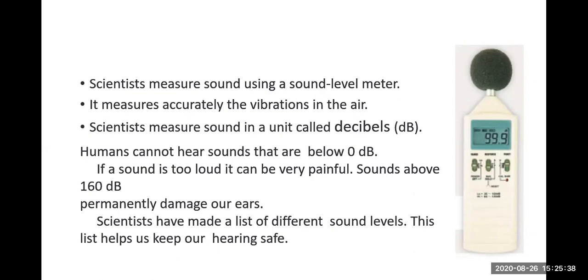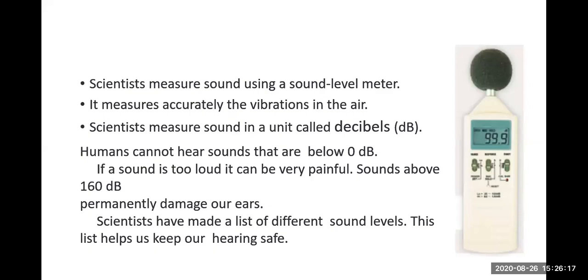The human ear cannot hear all the sounds. As you see, humans cannot hear sounds below 0 decibels or above 160 decibels, because under 0 decibels is too quiet for the human ear to hear, and above 160 decibels is too loud and can damage our ears.